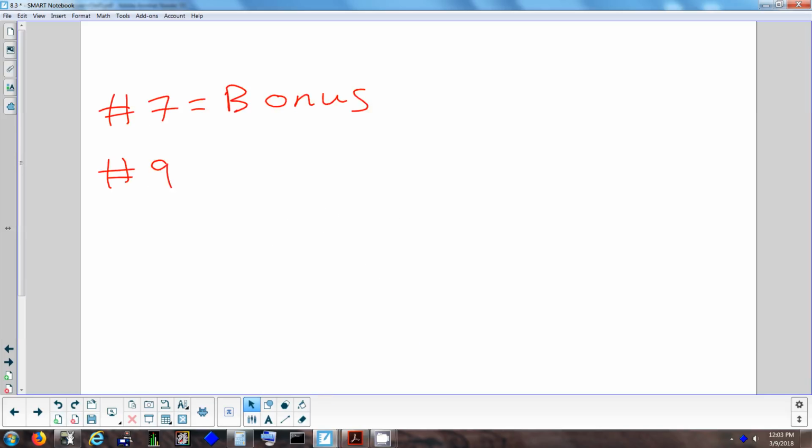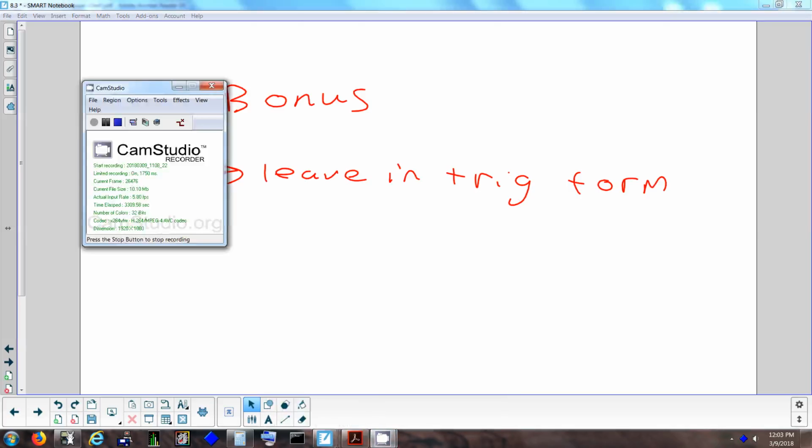Number 9: leave your answer in trig form. The directions on the test say to put it in standard form. Don't do that. Leave your answer in trig form.